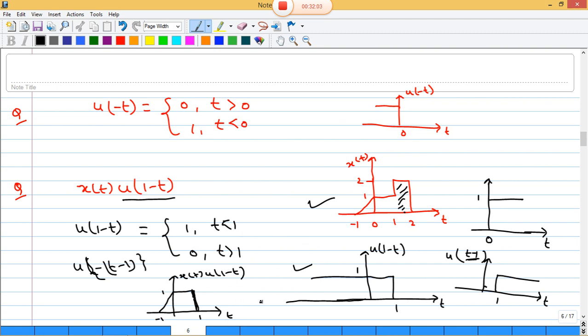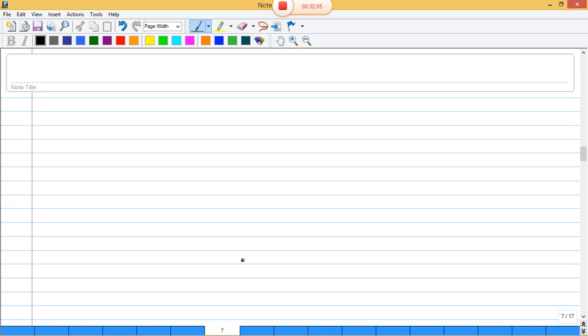So based on this question, you can solve the homework. Just find out, for the same x of t you have to take, u of t minus u of t minus 1.